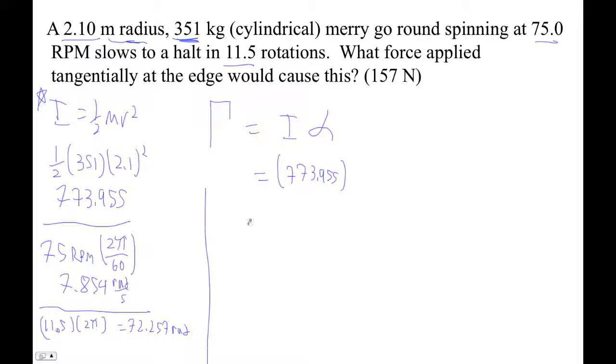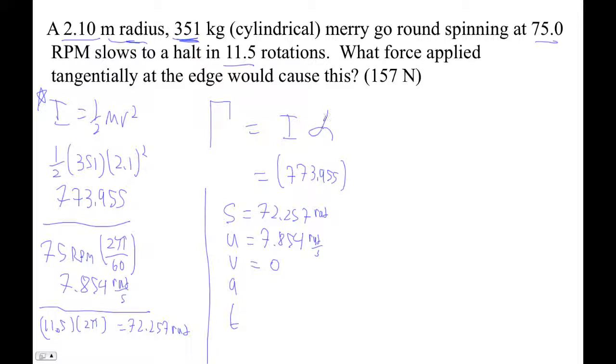So now it seems pretty clear we've got a SUVAT, right? Okay, so initial velocity is 7.854. Final velocity as it stops. Displacement is 72.257. And this is radians per second, radians, right?